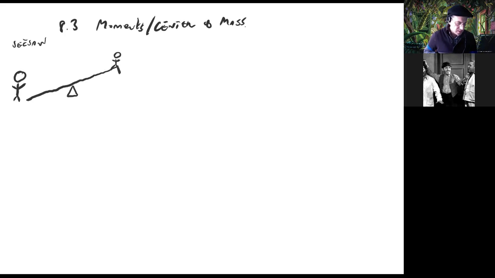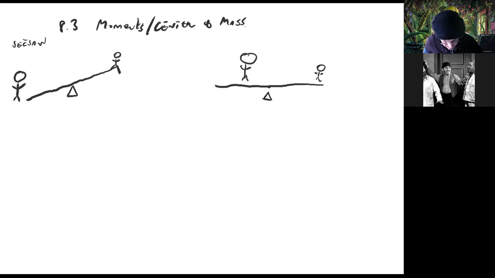The adult is going to have the balance on her side. But suppose the adult moves over towards the middle and the kid stays where the kid is. So the kid is then here and the adult is somewhere over here. Then it balances. And you have probably all tried this when you were kids.